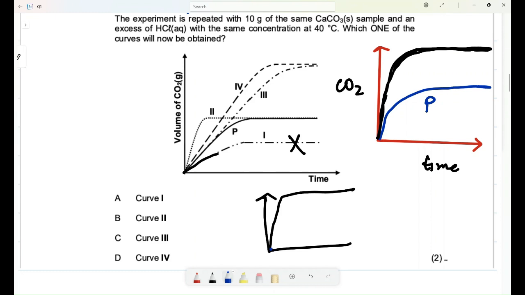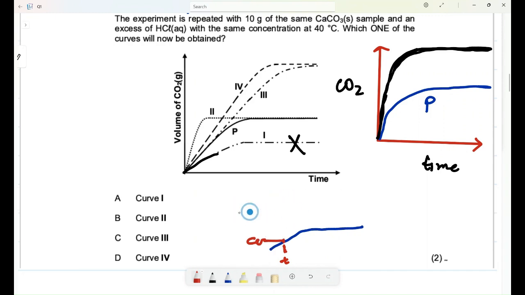But if it is like this, your reaction is slower. Why? Check. For the same time, can you see that it produces less carbon dioxide than this one? This one, with the same time, produced more carbon dioxide. So it is incorrect.